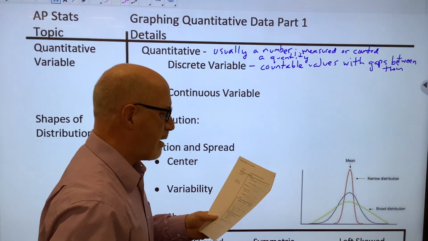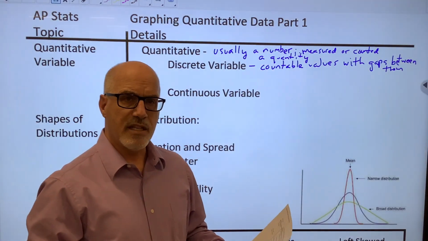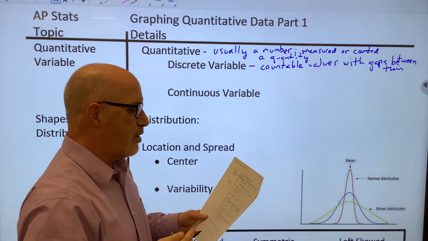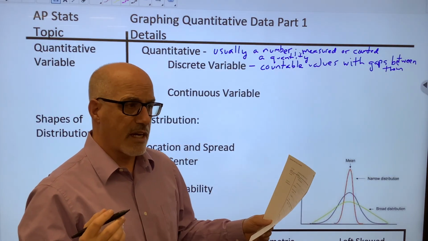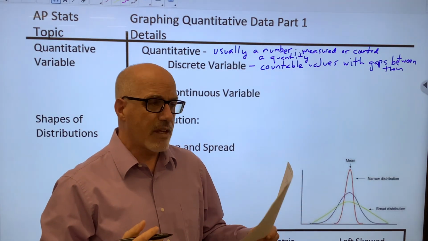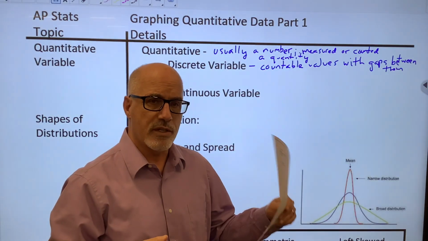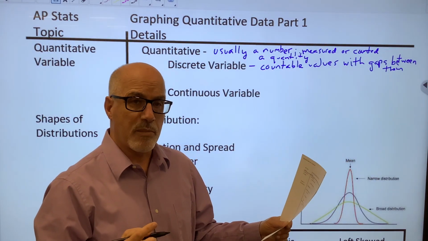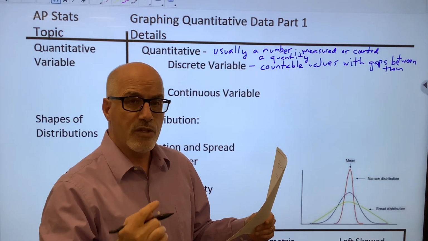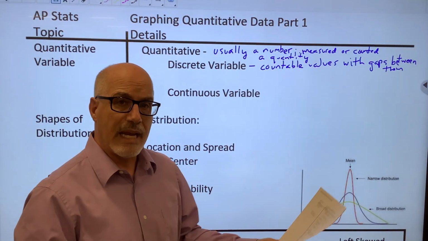Now, when we talk about a continuous variable, it can take on any value on a certain interval. Like if we talk about from 1 to 10, not only can it take on the counting ones like 1, 2, 3, 4, but it also can take on a number between, like 3.2 or 7.8.